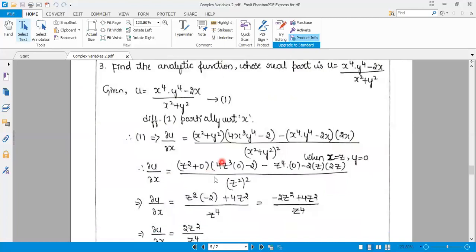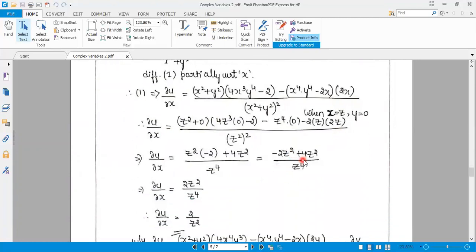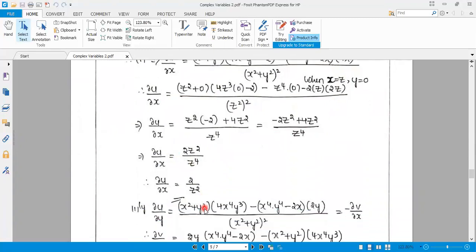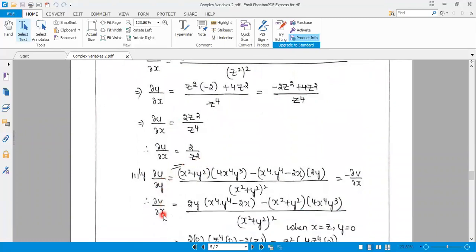Now put x equals z and y equals 0. So we obtain minus 2z square plus 4z square divided by z power 4. After taking common z square in the numerator, we obtain 2 by z square. Similarly, differentiate u with respect to y by quotient rule.